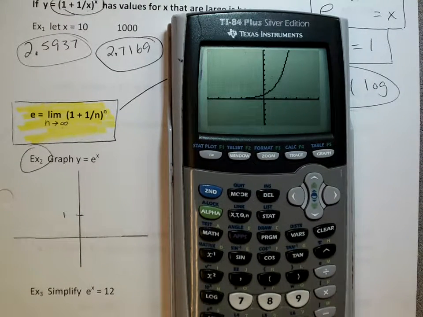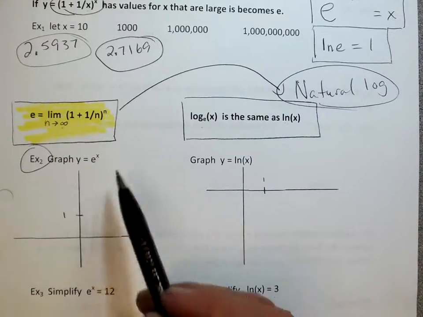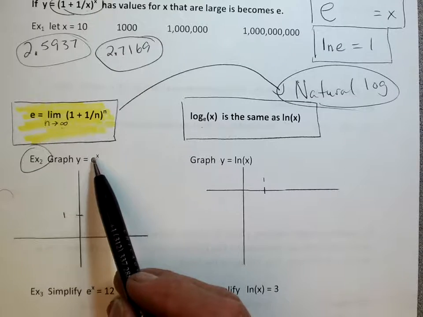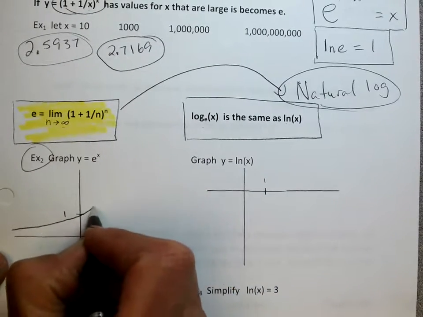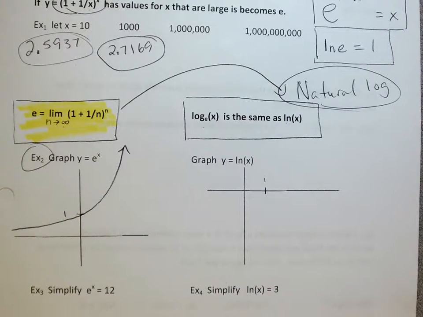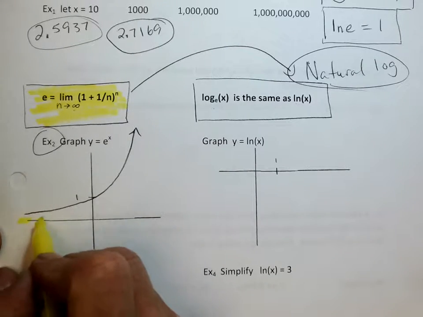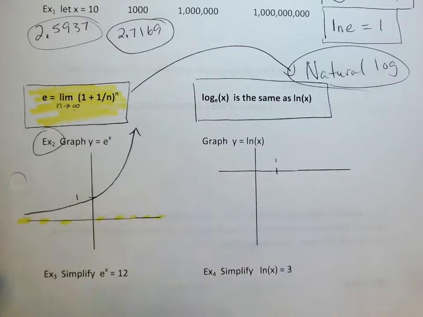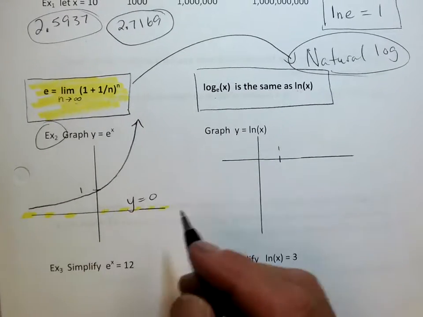I do know it has to go through 1 at x equals 0, because anything to the 0 power, even e, is always 1. So my graph looks something like this. Looks exponential, right? This graph is going to have a horizontal asymptote at y equals 0.